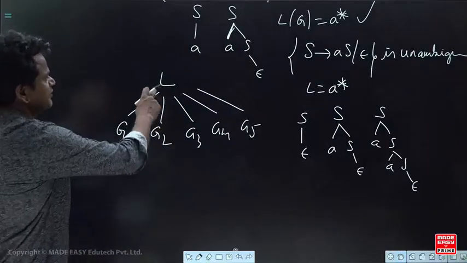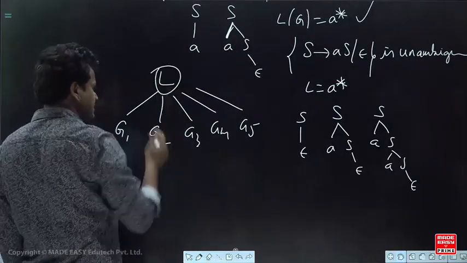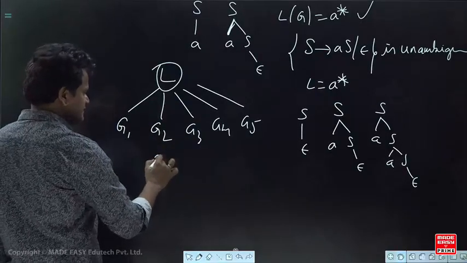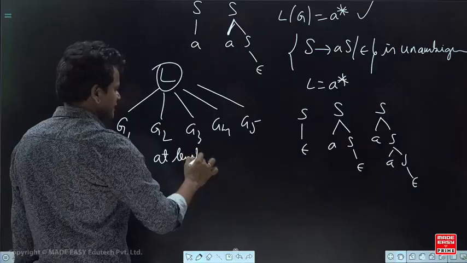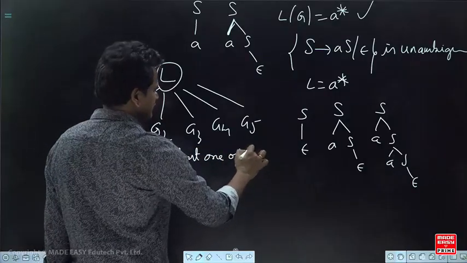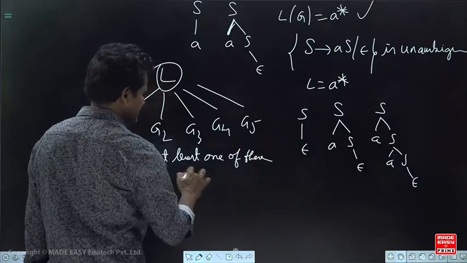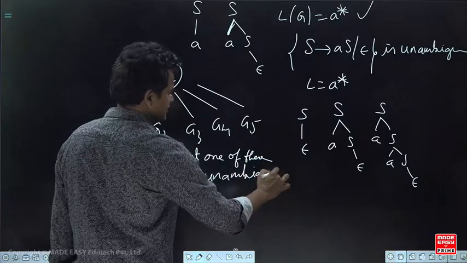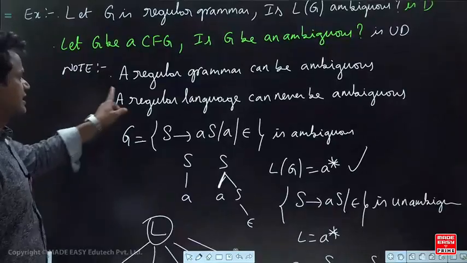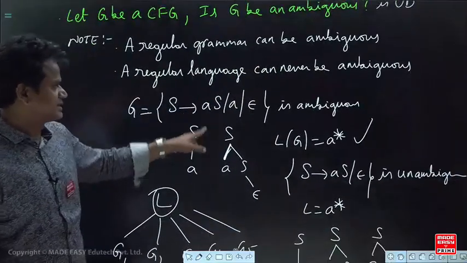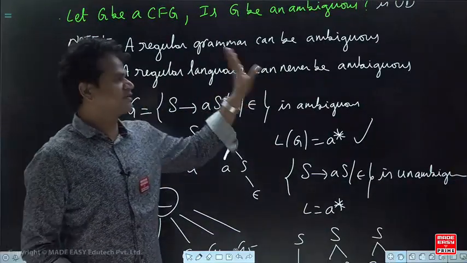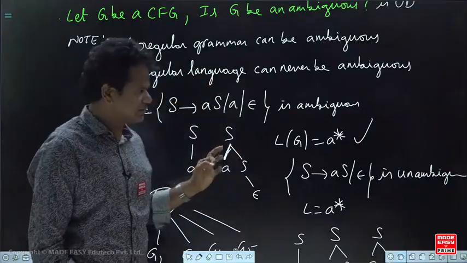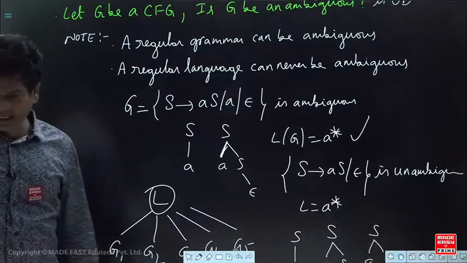So a regular language may have so many grammars, and at least one of them is unambiguous. So a regular grammar can be ambiguous, but a regular language can never be ambiguous, meaning every regular language is unambiguous. Now, ambiguity done.